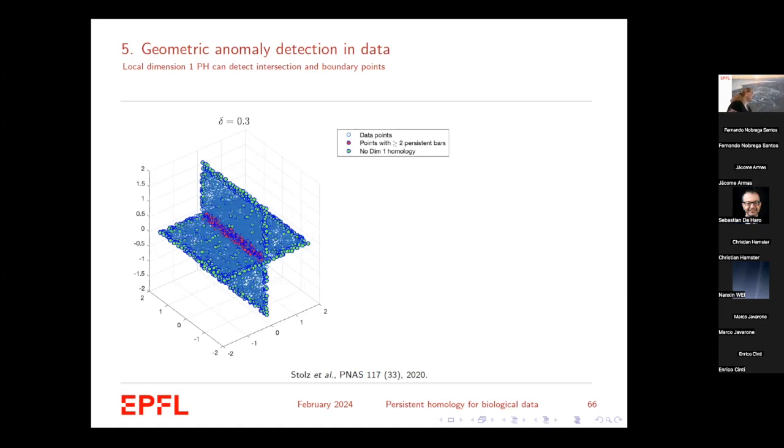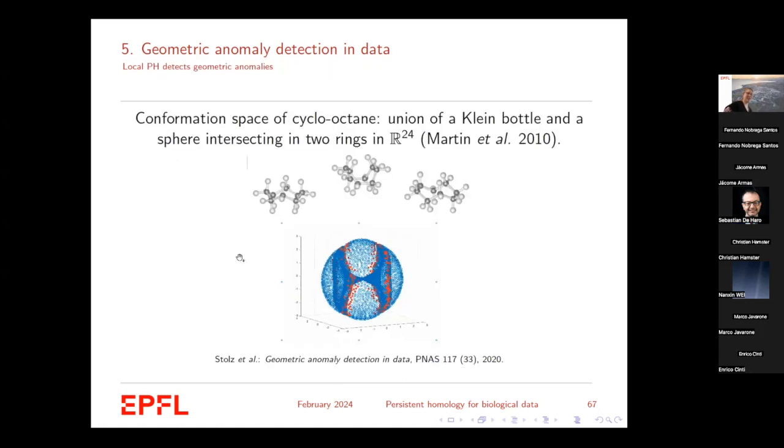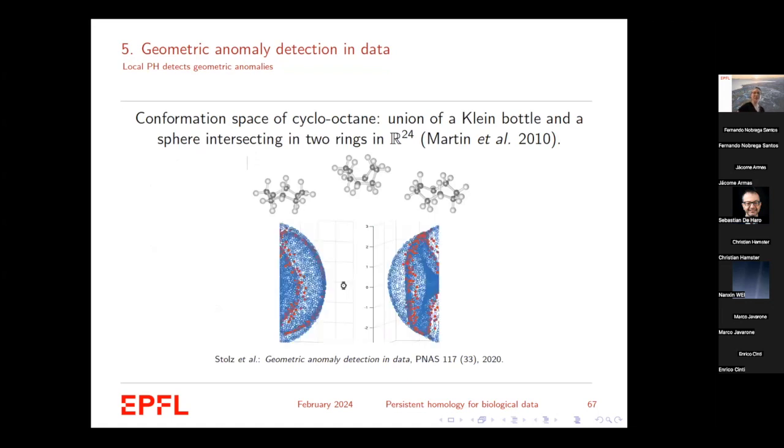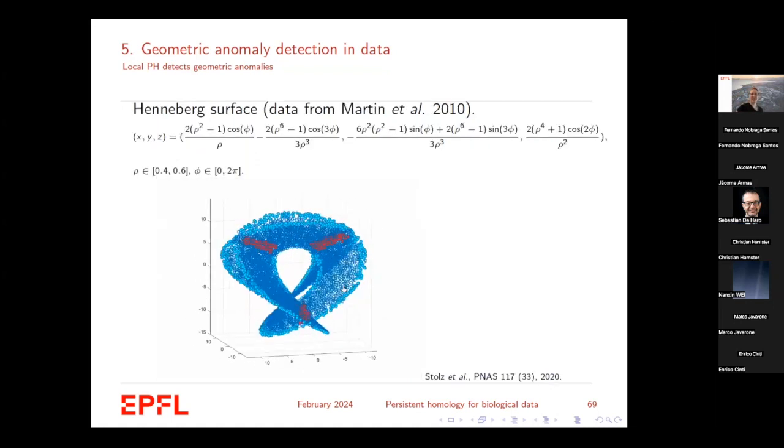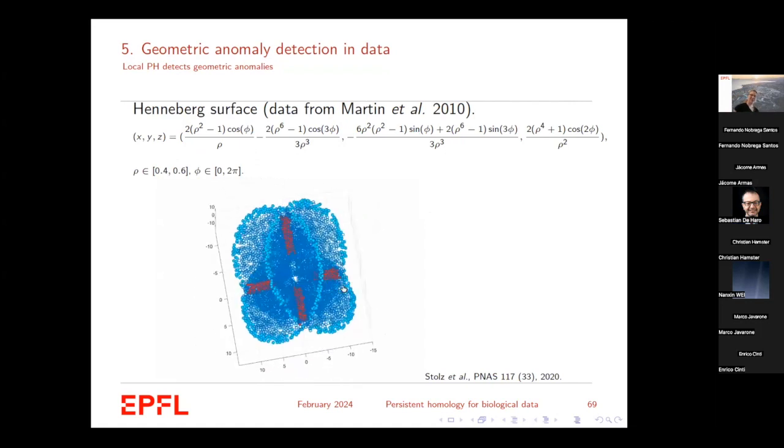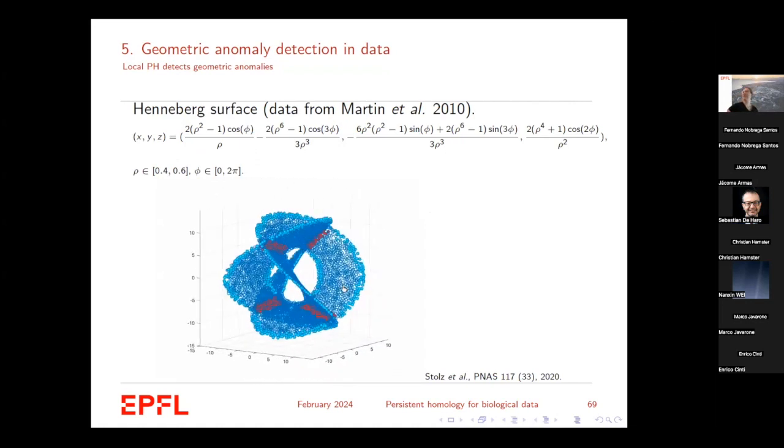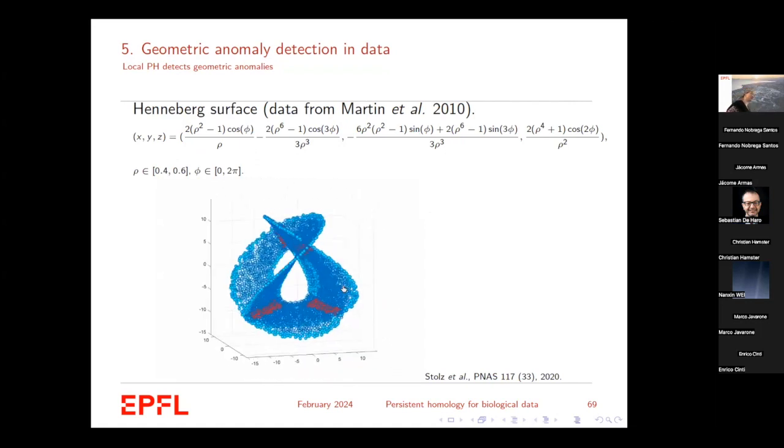But also if your intersection doesn't lie in the centroid, so here with the cyclooctane example, we have these 2 rings, then this is also detected by local persistent homology. We also looked at the Henneberg surface, which has a lot of self-intersections. And here again, we're able to find points that are close to the intersection, not precisely the intersection, but close to it, and also points close to the boundary.